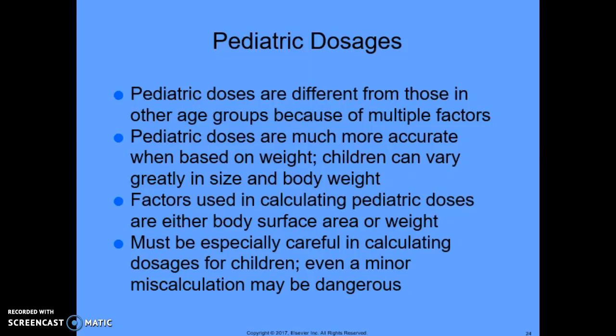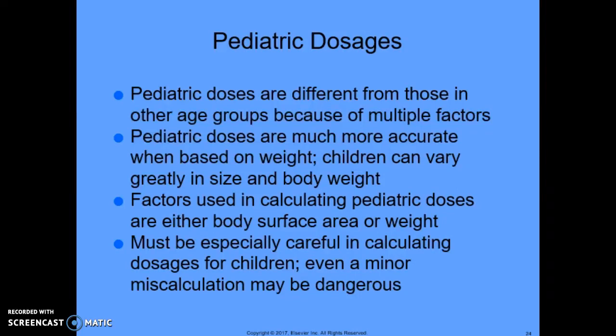So, pediatric doses. Pediatric doses are different from those in other age groups. There's a really important factor, and that is that they need to be more accurate because we're talking about a child or even a baby, an infant. So there are some different factors that are taken into account when calculating pediatric doses. One way is by body surface area or weight.